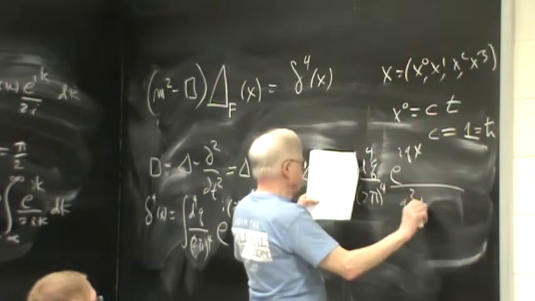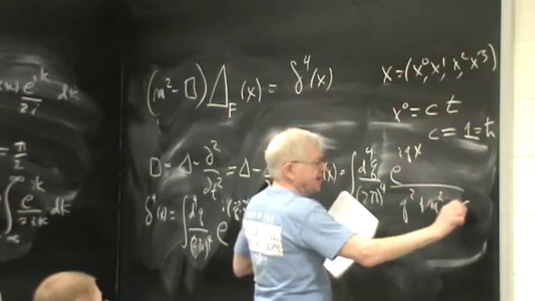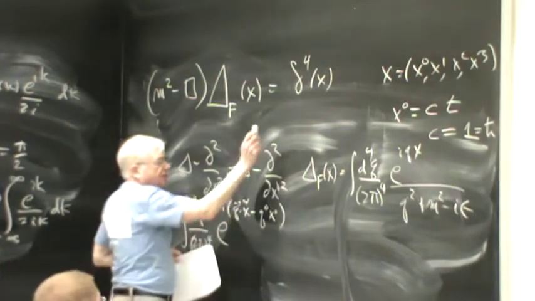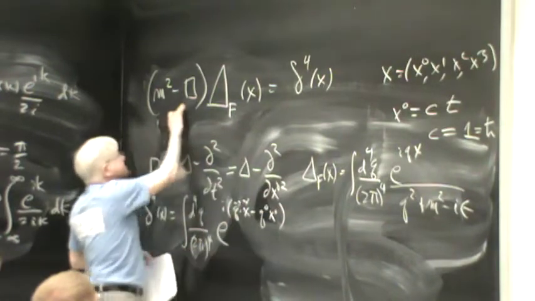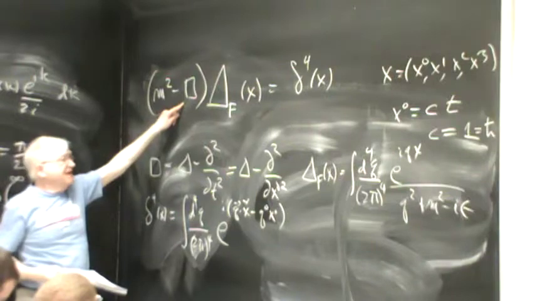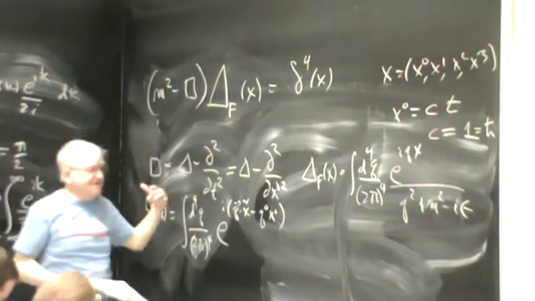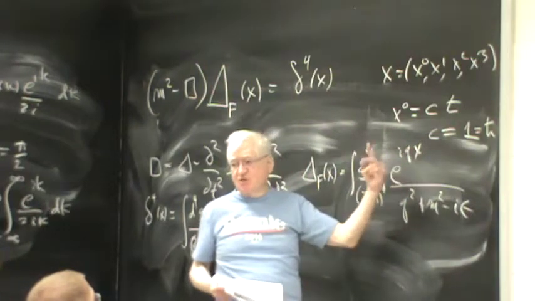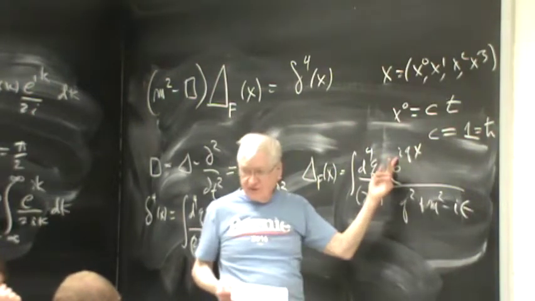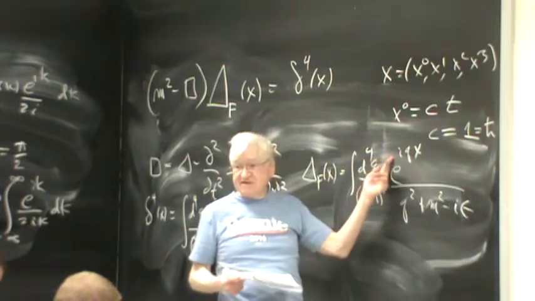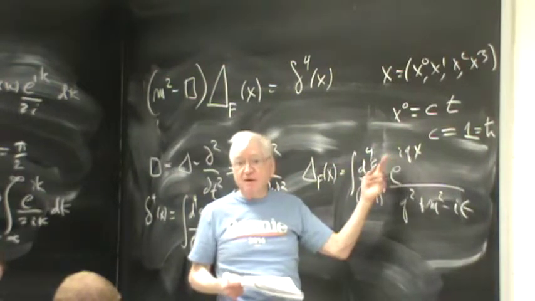Okay, the point is that this is a proper Green's function for this differential operator, because when this differential operator hits all these derivatives, and they're double derivatives with respect to x0, x1, x2, x3, they just bring down q0 squared with a minus, with 2 i's.